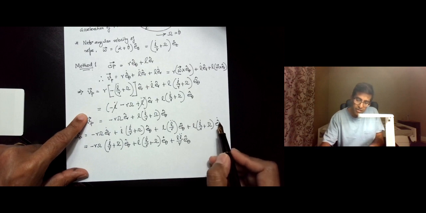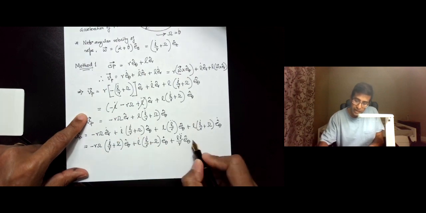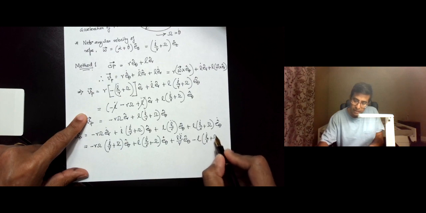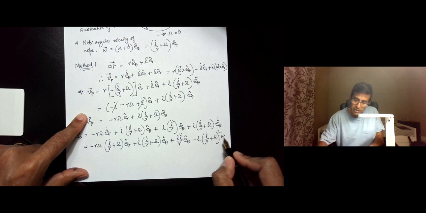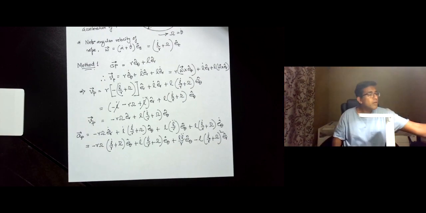Here we have an E theta dot, and we had calculated the E theta dot when calculating the velocity, and so we'll have negative L dot over R plus capital omega squared Er. So that's the expression of the acceleration.